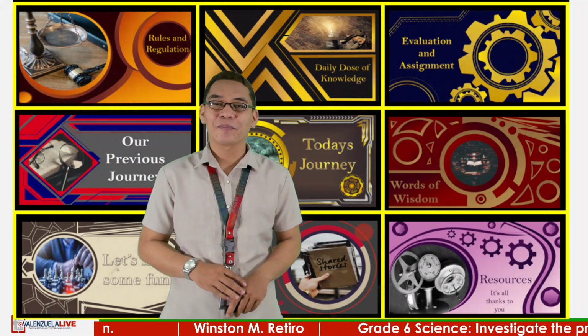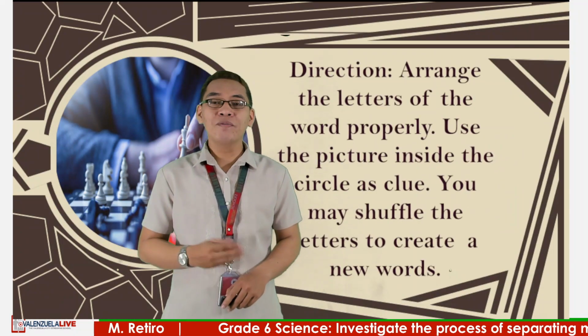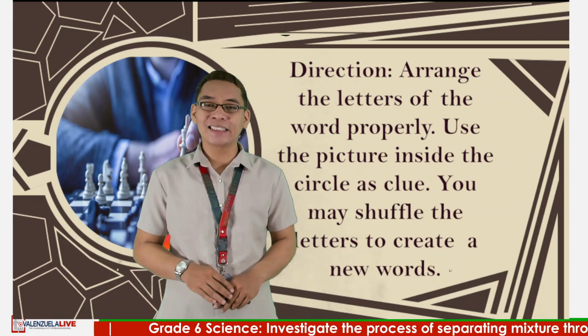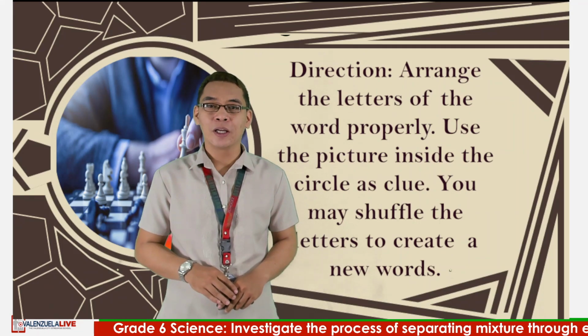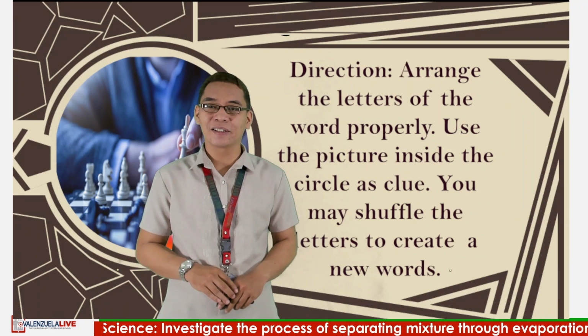Alright. To make our lesson more exciting and enjoyable, I want you to arrange the letters of the words properly. Use the picture inside the circle as a clue. You may shuffle the letters to create new words.